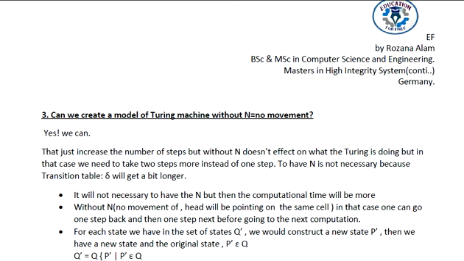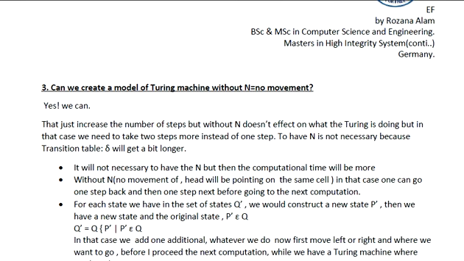But in that case, we need to take two steps instead of one. Having N is not necessary because the transition table will just be a little bit longer, nothing else. It is not necessary to have N, but the computation time will be more. So it's better to have a no-movement option.